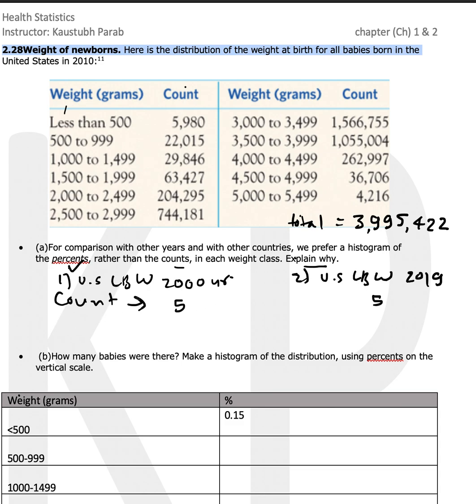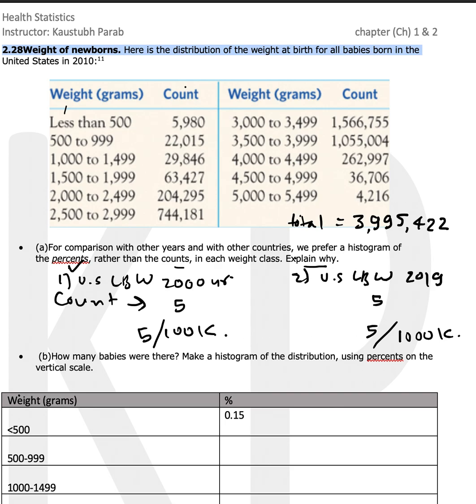So let's say, as an example, in the year 2000 the US had a population of 100K. Just as an example, I know this is not a realistic number. And let's say in 2019 the population became 1000K. In that case, if you look at the rate, it's actually 5 cases over 100K, and in 2019 it's 5 over 1000K.